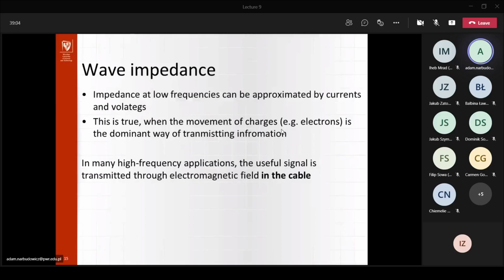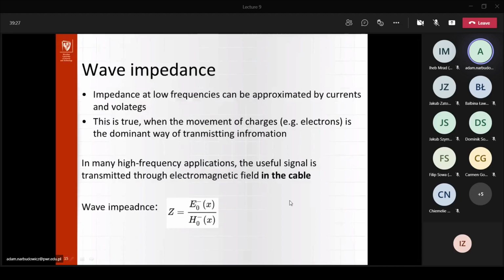So you will have some current flowing only on the surface of your conductor, but not through all the volume of the conductor. That would be the case with lower frequency.